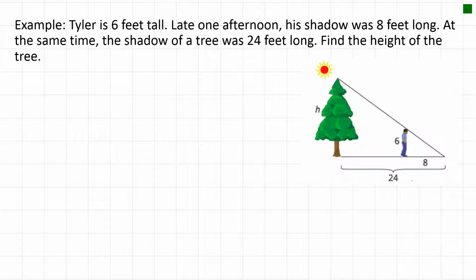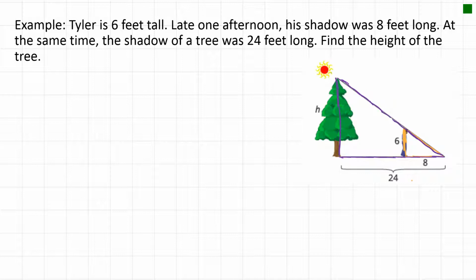The way we're going to solve this is with similar shapes, this time using the little triangle that each shape creates. Tyler creates a little triangle with the shadow and his height, and then the direction from the sun casting the shadow, and so does the larger tree.